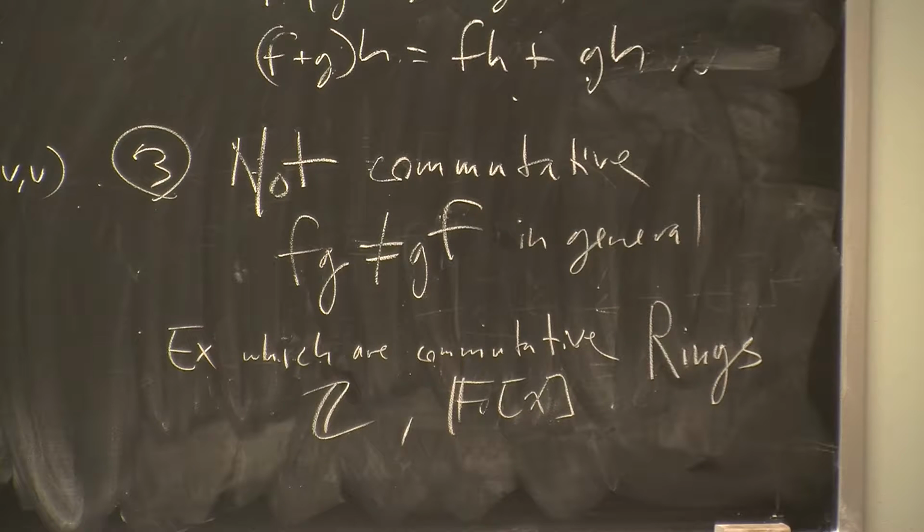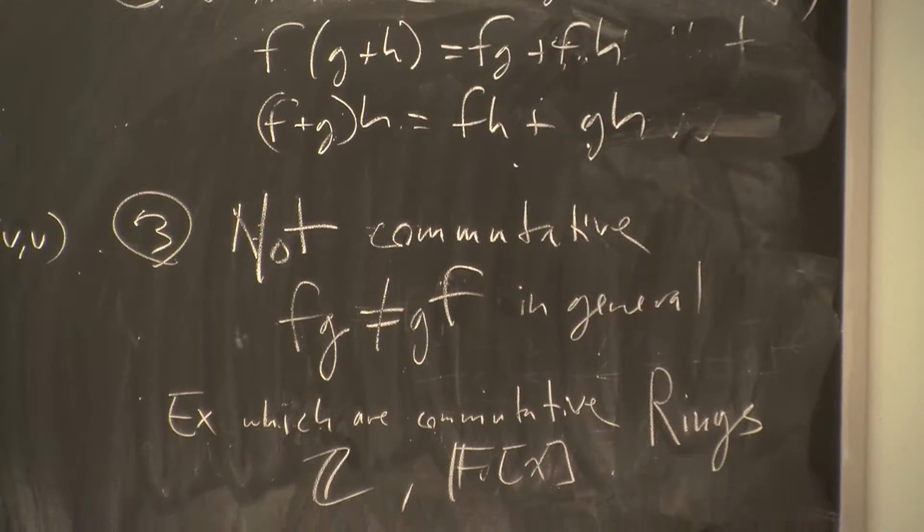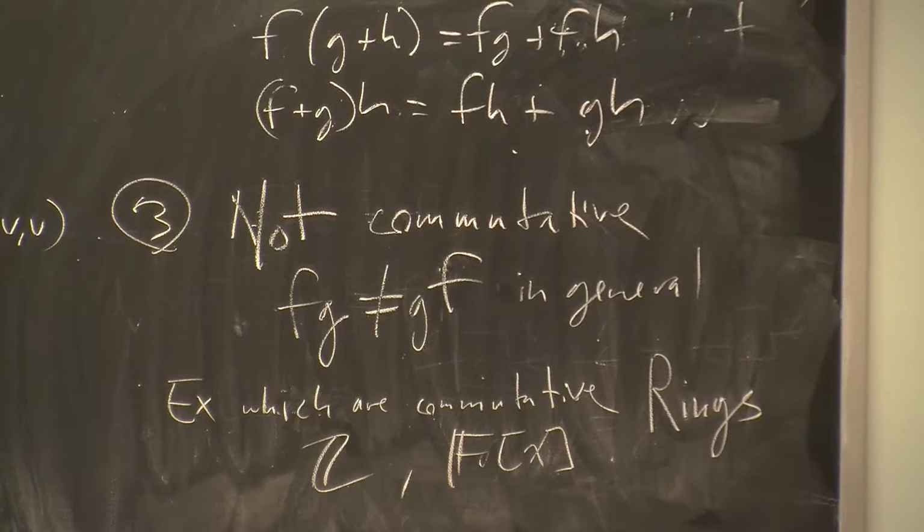A ring is similar to a field, but I don't have inverses, like integers, right? The integers I can do plus and I can do times, and they behave the same way as they do in the reals, but I'm not allowed to take multiplicative inverses. There's no 1/2, to invert 2. Similar structure, except that it's non-commutative.